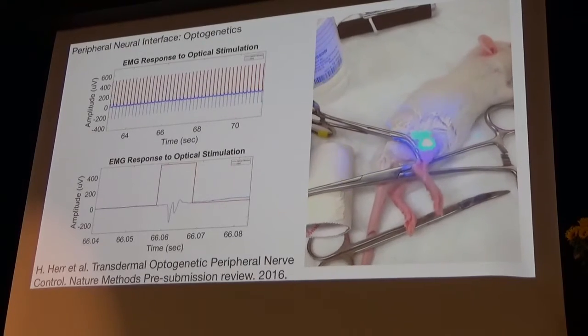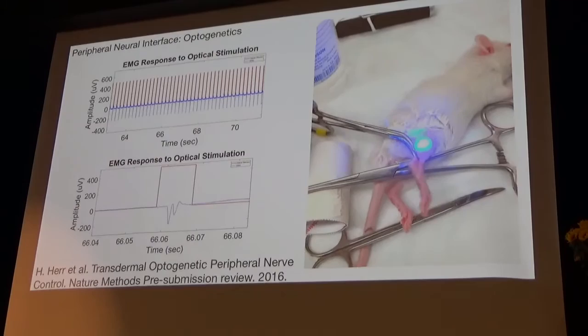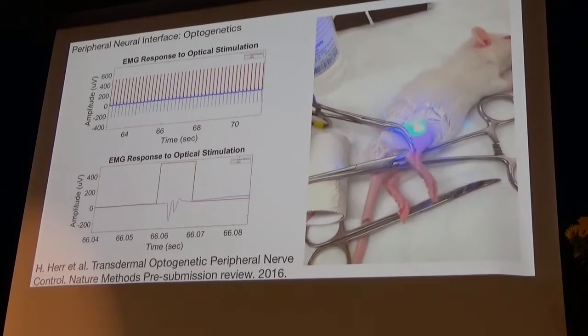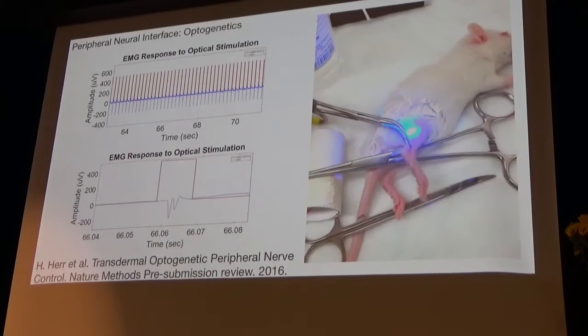By dramatically increasing the amount of protein expression in the nerves that supply this agonist-antagonist pair that actuates the ankle, we get very nice optical control.